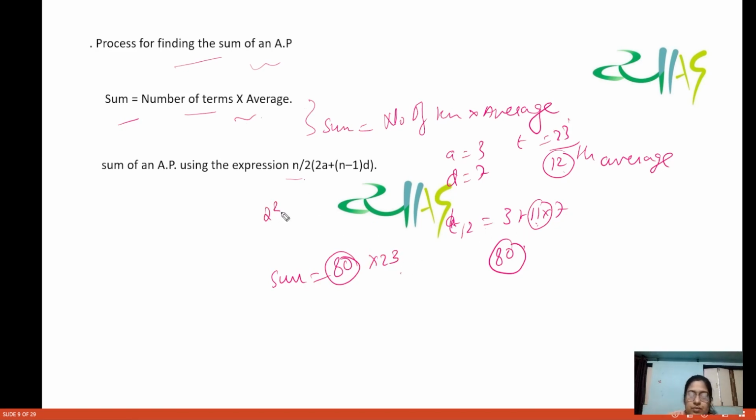So 23 into 80. This becomes very easy for us. You will have 240, 160. So you will have 1840 as the sum.